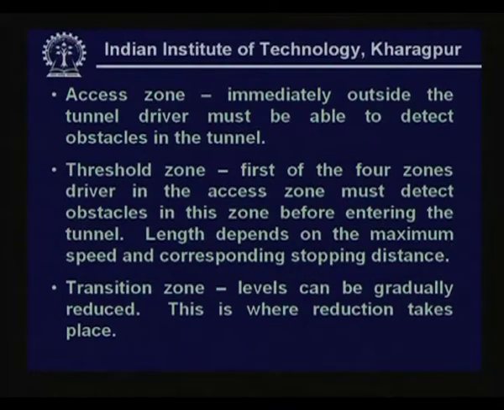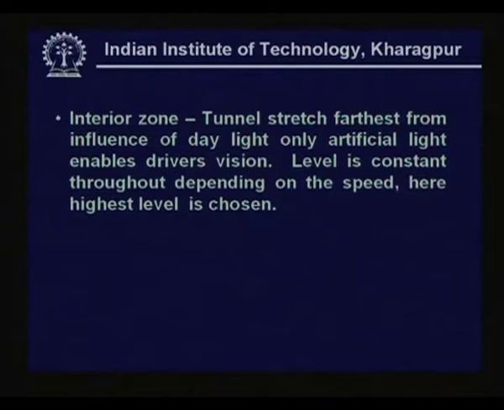Now, the transition zone is one where the illumination levels can be gradually reduced. Obviously, inside the tunnel, illumination is much lower than outside. We are talking about, say, daytime. So, it can be gradually reduced so that one can adapt, even at high speed, to the darkness in a tunnel.